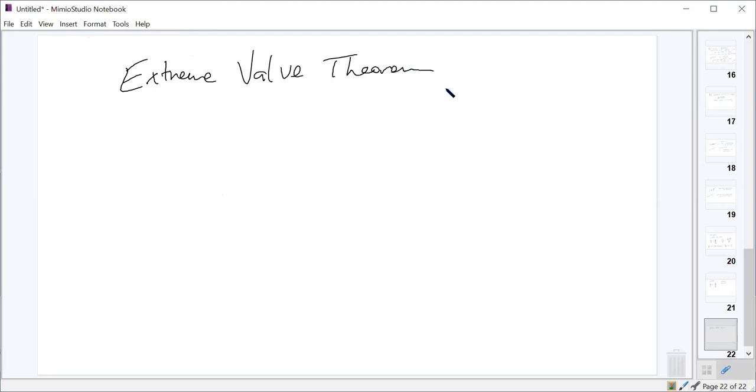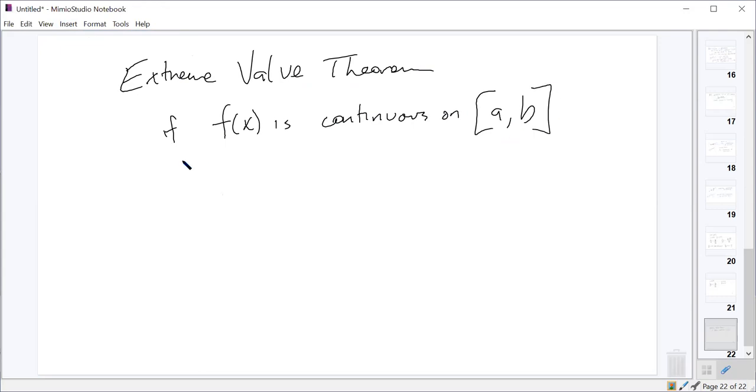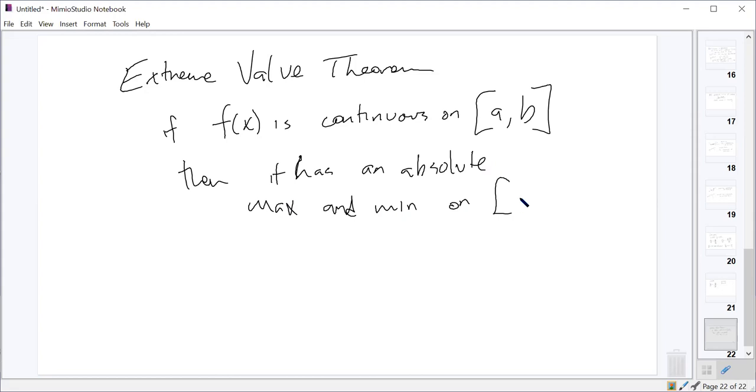The extreme value theorem says that if f of x is continuous on A to B, then it has an absolute max and min on that interval, guaranteed 100% of the time.